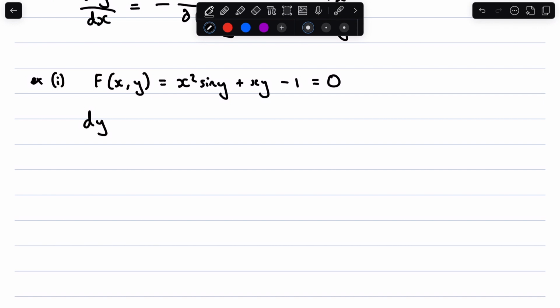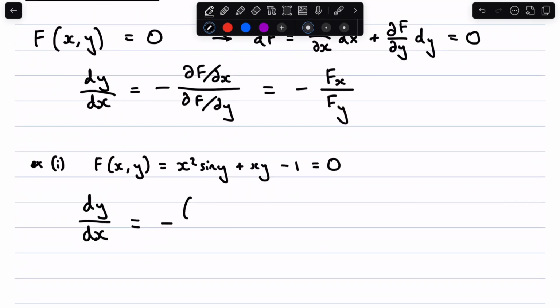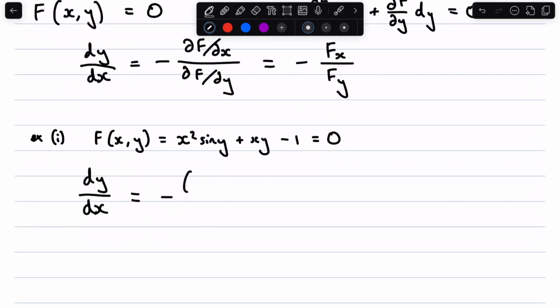So dy by dx, using the equation above, is equal to minus, and then partial dF by dx, well, that's going to be 2x sin y plus y, and that minus 1 will become 0. And then on the bottom, we'll have x squared cos y plus x. And if you go back in your notes, if you've been following along, or if you go and check the video, you'll see this is the same result that we got before.